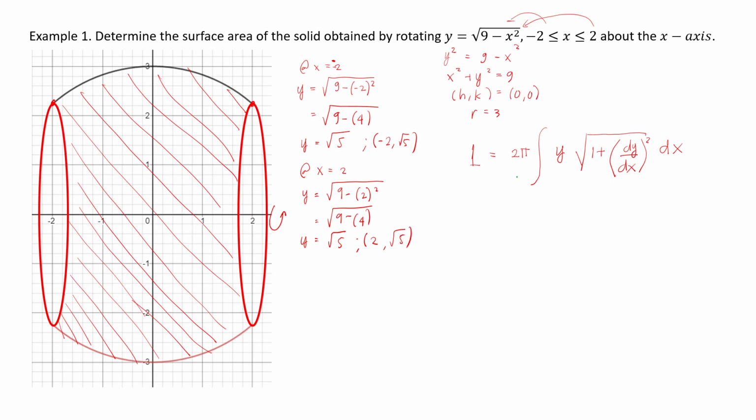So y, where are we getting y? So for example, you're going to create a radius here. So let's say this one is your radius. So your radius is touching this point here, which is the equation of the circle. So meaning your y, sorry, asan naman to kung ano na.